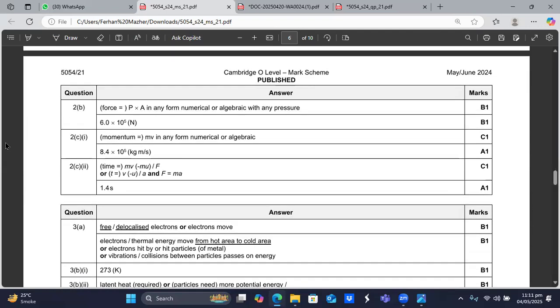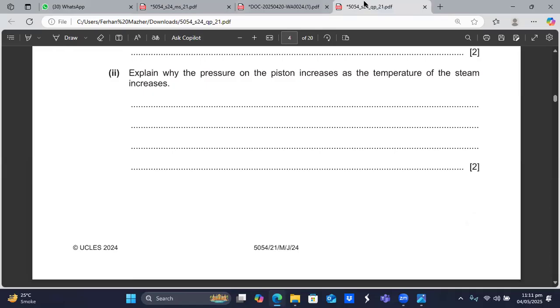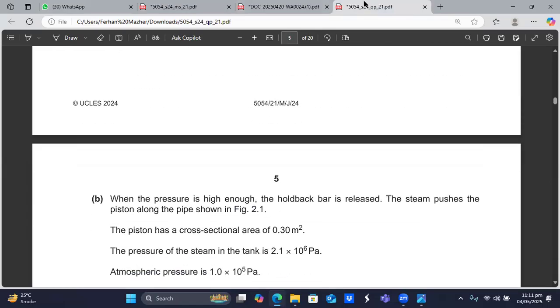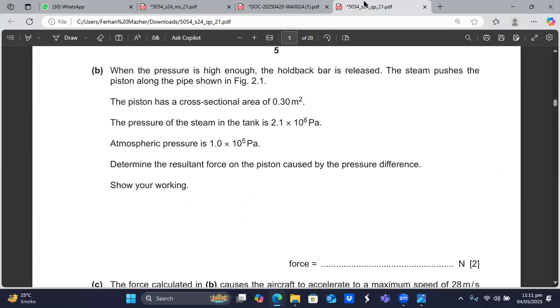Okay, now we are going to the next part, question number 2, and it's B part. He says when the pressure is high enough, the hold back bar is released. The steam pushes the piston along the pipe shown in figure 2.1. The piston has a cross-sectional area of 0.30 meters squared.